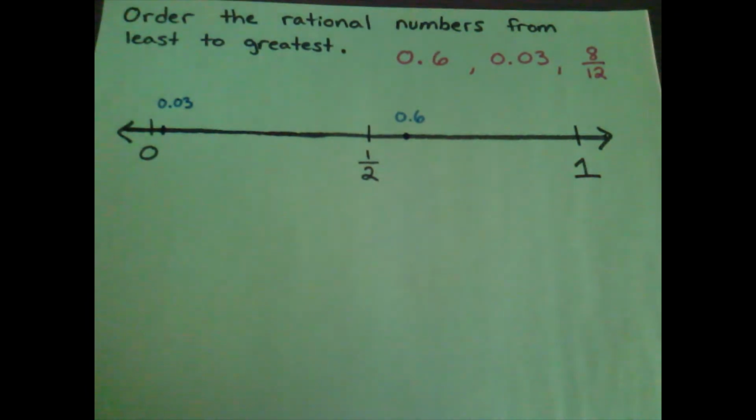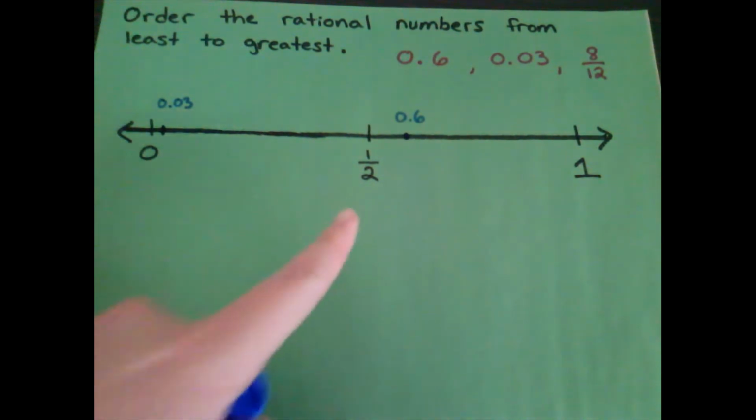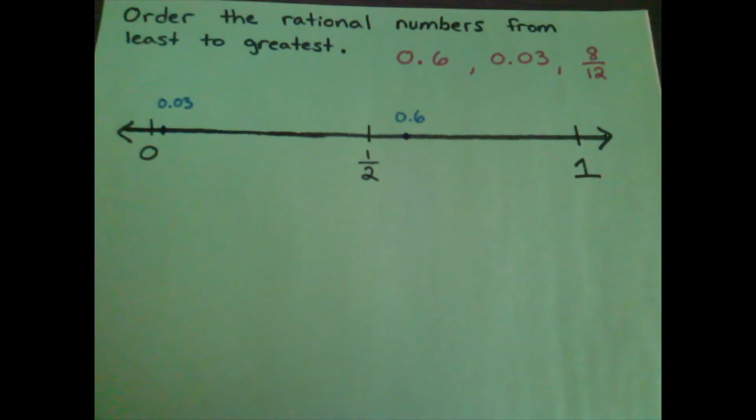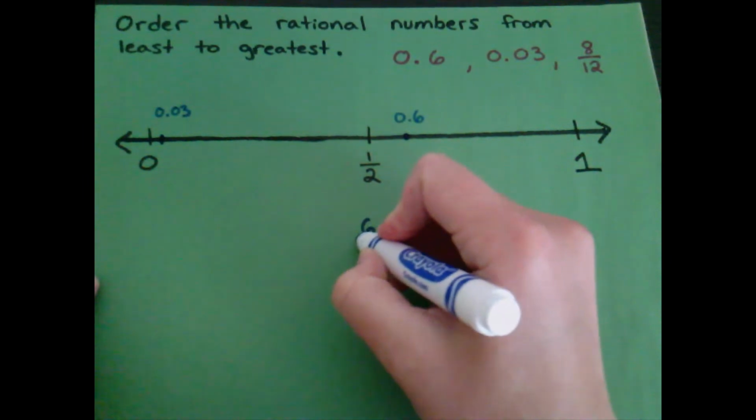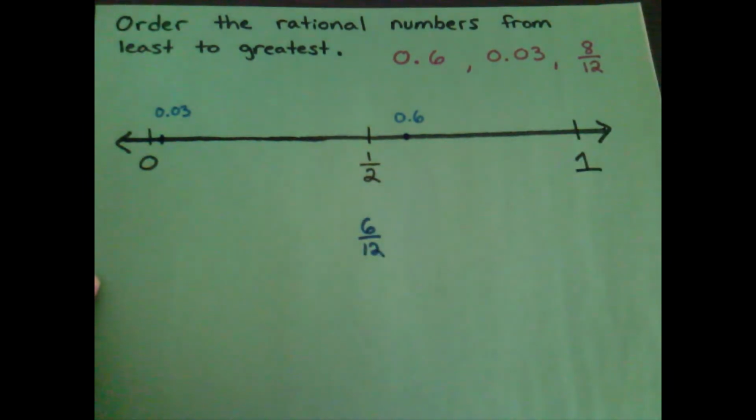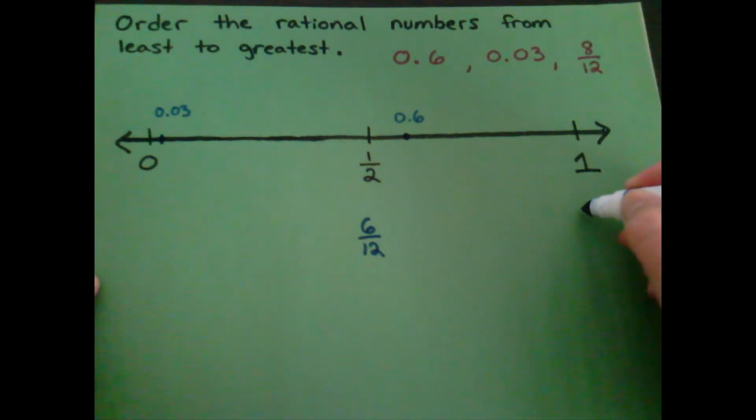And the last number we have is 8/12. Now 8/12, is that close to 0, 1/2, or 1? Well, we know it's not close to 0 because we know it's greater than 1/2. If this was divided into 12 parts, the halfway mark would be 6/12. 6/12 is the same as 1/2, and 12/12 is the same as 1.